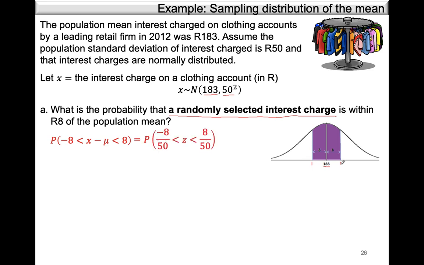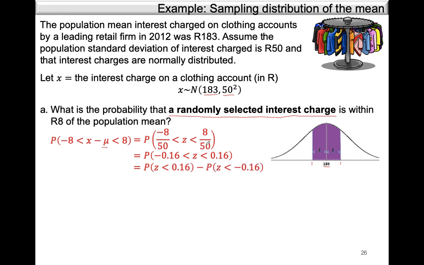Now when we get to standardize, we see that the mean has already been subtracted from the numerator. So the only thing we need to do is to divide by the standard deviation of 50. We end up with our z value in the middle, and we standardize only by dividing by 50 on both sides of the inequalities. So we find that the probability now becomes the probability of z between minus 0.16 and positive 0.16.